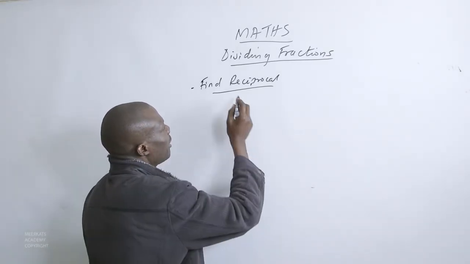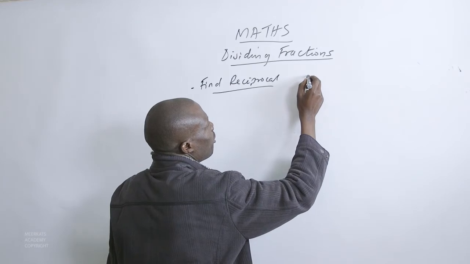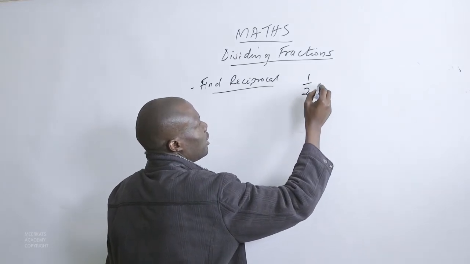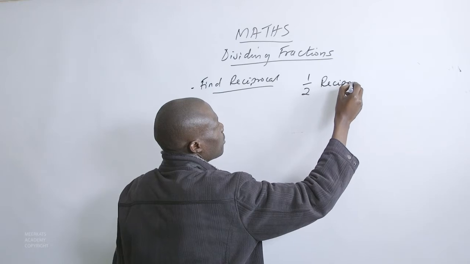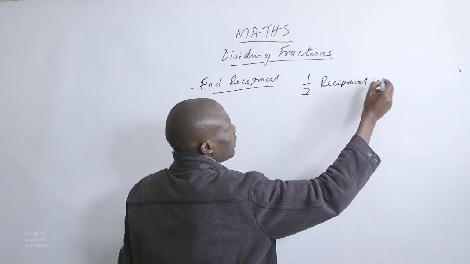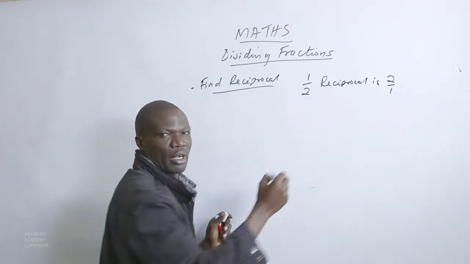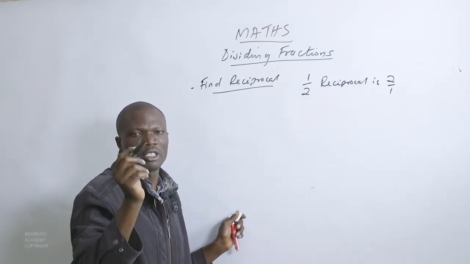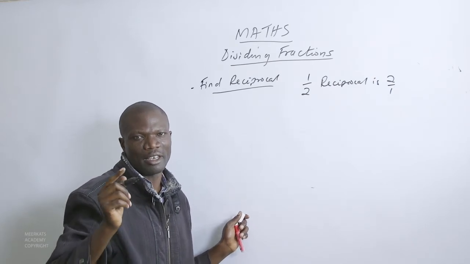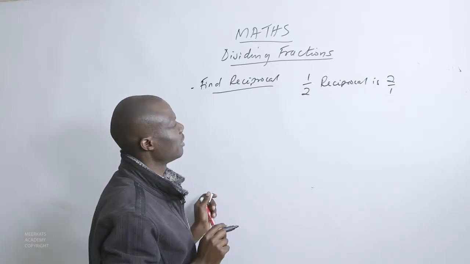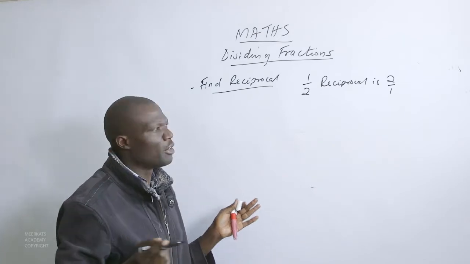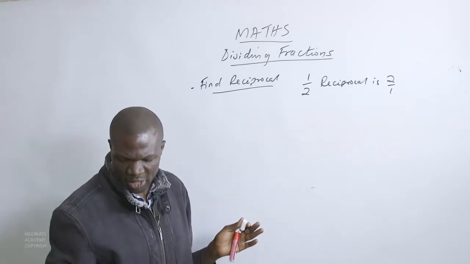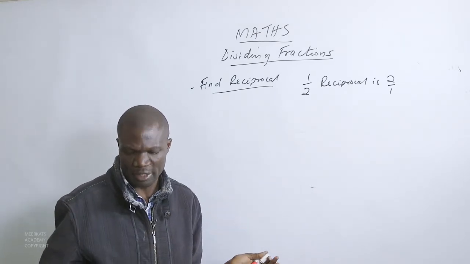For example, if we want to find the reciprocal of 1 over 2, then the reciprocal is 2 over 1. We have swapped the numerator and the denominator. Simple. At the same time, if you don't want to swap, we just say we invert.